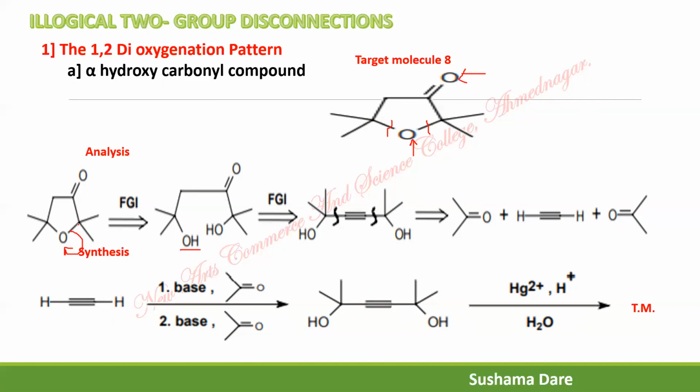Whenever an alkyl group carries a positive charge, the synthetic equivalent of this is to place a halogen or a leaving group. After placement of the leaving group X, you always go with the FGI, so X is replaced by OH. So first you disconnect this bond and write down OH here, and the second positive charge is here. This positive charge, first of all you replace it with X, and then X is replaced with the OH group.